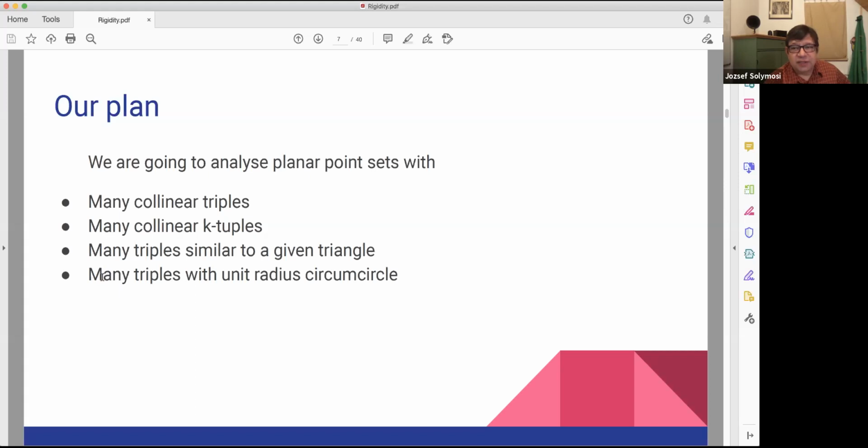And the last question, which we will briefly review first, is: what are the point sets which have many triples which define a unit circle? Let's see this one first, because this immediately will show us something about rigidity, and maybe an application of, not combinatorics, rigidity for proofs.